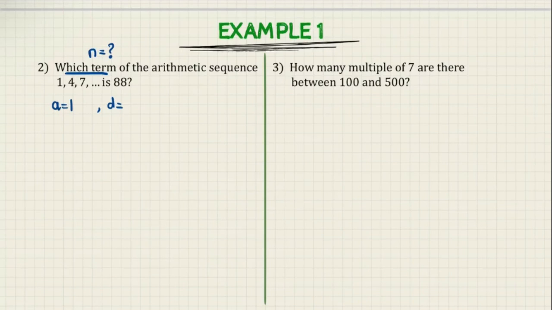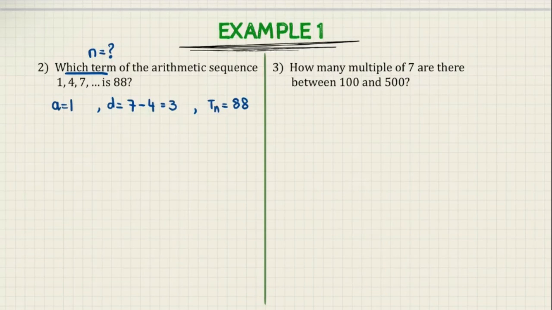So for example here saya guna 7 tolak 4. So kita dapat D sama dengan 3. Nak gunakan 4 tolak 1 pun betul. So sama sahaja. So dah ada A, dah ada D, and then information lagi satu yang diberi adalah Tn yang kita tak tahu n dia berapa tapi value dia adalah 88.